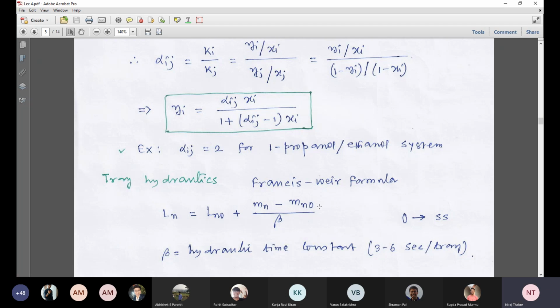Now if you know the rho of the liquid mixture, then we can easily calculate Mn naught. Fine. So this is basically the initial value we can adopt to solve this initial value problem. It is better than arbitrarily assuming Mn at time t equal to 0.